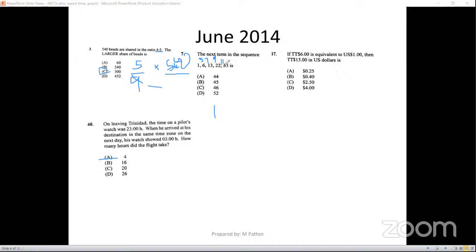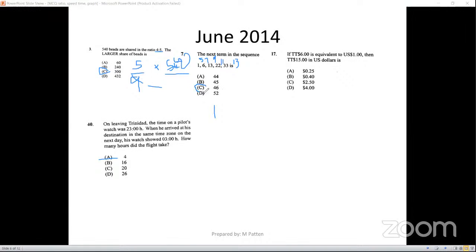So realize they're going up by odd numbers and adding. So the next number to be added would be 11 plus 2, 13. I'm just giving that extra detail for somebody that might not know how to get that answer.